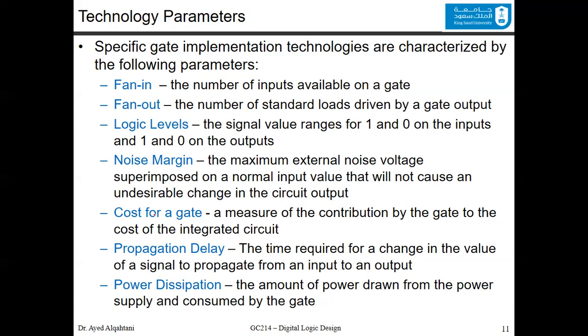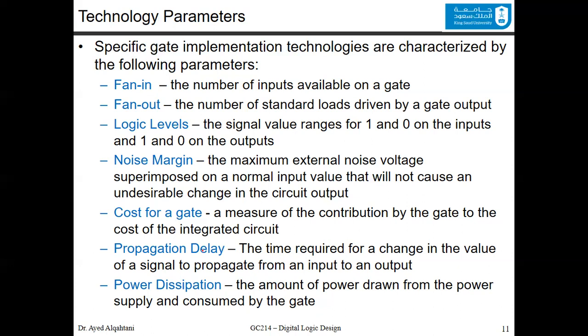The cost for a gate is a measurement of the contribution by the gate to the cost of the integrated circuit. We could refer this to area, power consumption, delay. There are many types of costs, or we can make a combination of these measurements.